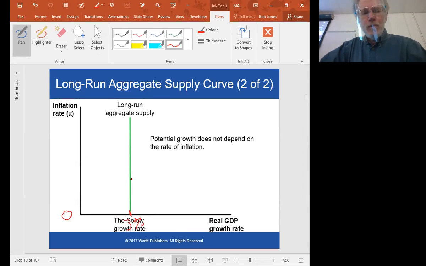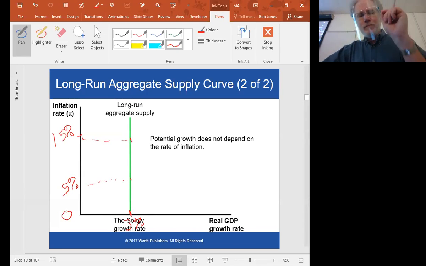This point is saying that if we have 5% inflation, then the growth rate of real GDP will still be exactly the same. We'll be at the potential or the Solow growth rate. If we have 15% inflation, then we're going to be up here, but at the same growth rate. Okay? It's a really important thing to grasp. The price level and the inflation rate do not affect our ability to produce in the long run.